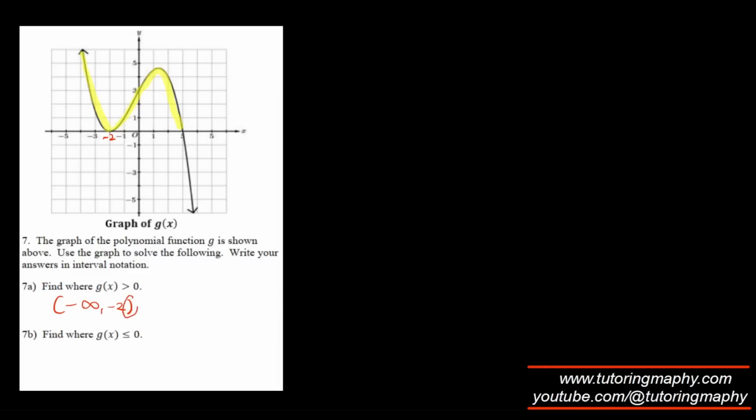And -2 should be a parenthesis because it is greater than 0, not greater than or equal to, and as you can see the function is 0 at -2. Union -2 to 3, and again parentheses. And it is negative when this happens. So it's from 3 to infinity.